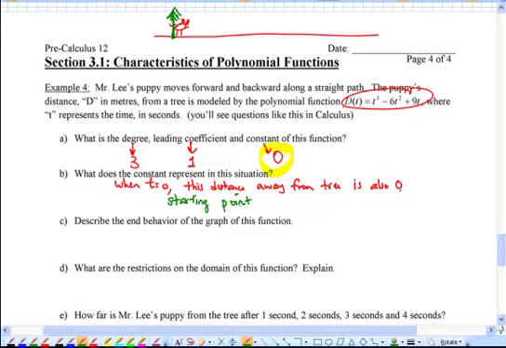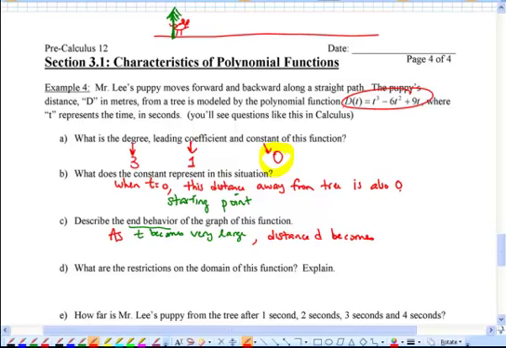Now, when I talk about end behavior of the graph of this function, I'm saying what happens when t gets really big, okay? T becomes very large. Well, I guess you'll say as t becomes very large, what happens to d? The distance d becomes, well, let's think about this.